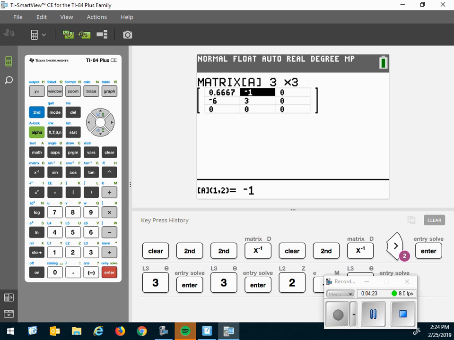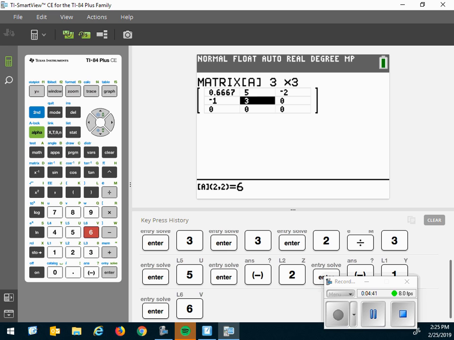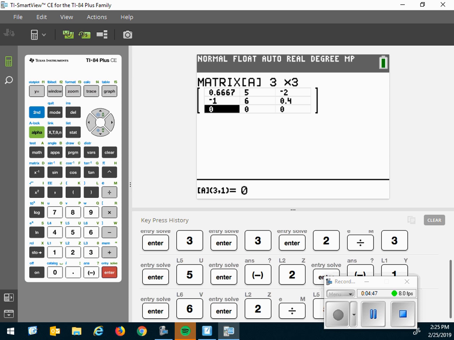If you want to, you can just use the division bar on a matrix. Put this in. That's fine. Let it turn into a decimal. There you go, Eli. That's exactly right.